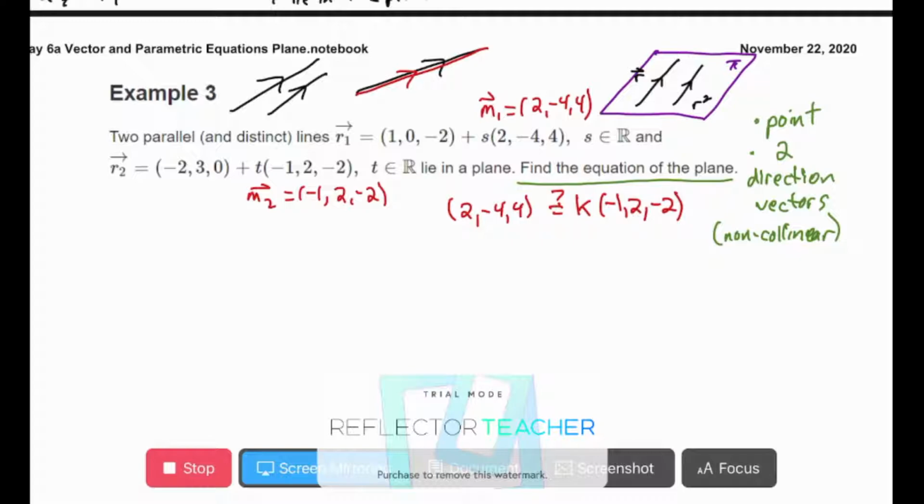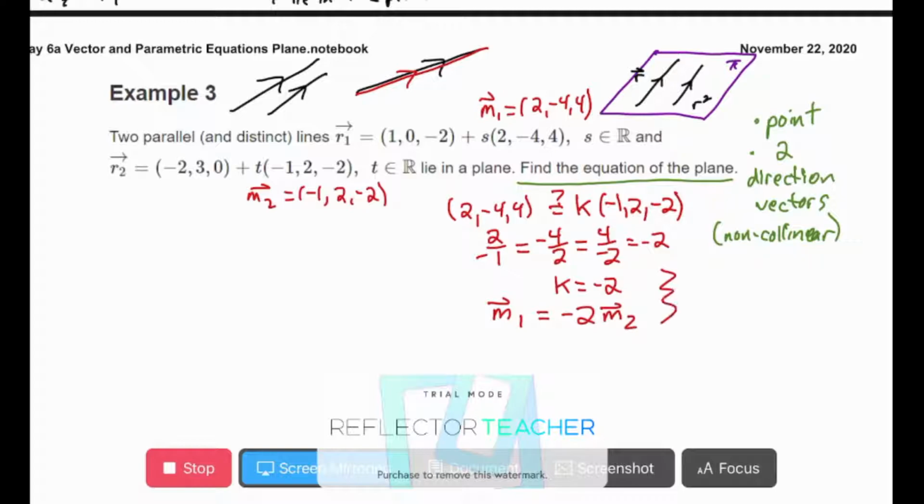And we can probably see the pattern right away, but let's just check using our testing method we've talked about before. 2 over -1, we're checking if it's equal to -4 over 2, and if it's equal to 4 over -2. And we can see right away these are all equal to -2, which means k equals -2, which means that our vector here, M1, is equal to -2 times M2.